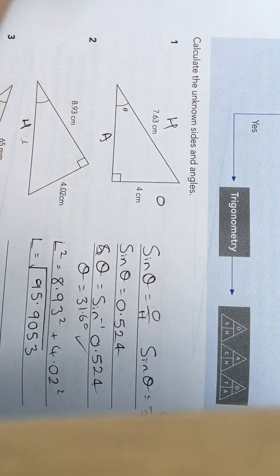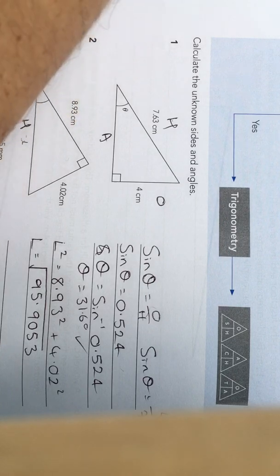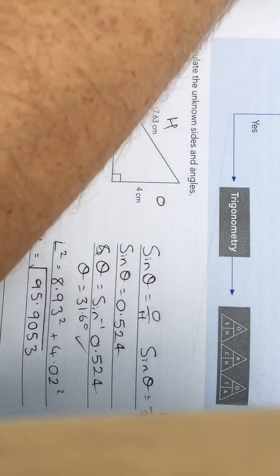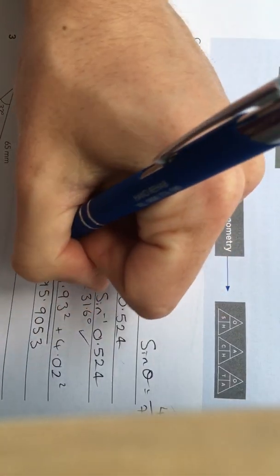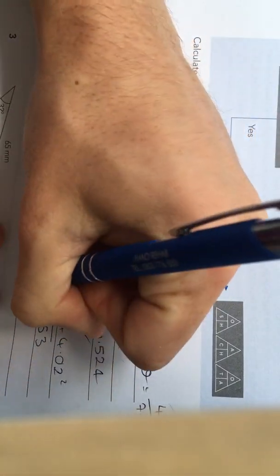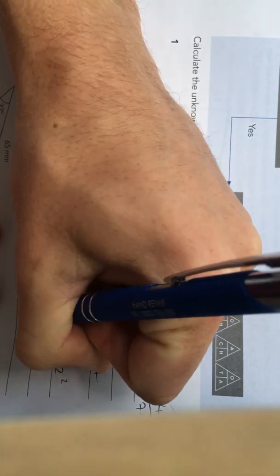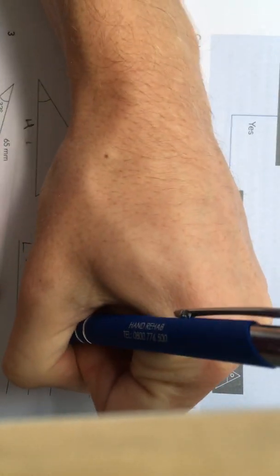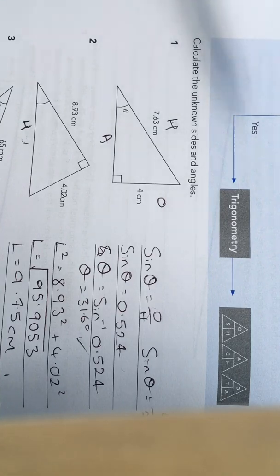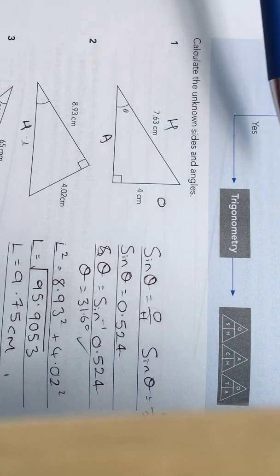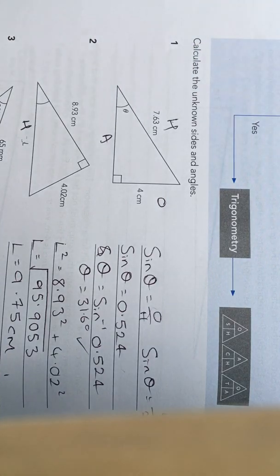And put that in your calculator then, which gives L as 9.75 centimeters. Okay, so this is a mixed exercise, so you could have to use any form of trigonometry or Pythagoras. Okay, so this is page 44 and 45.